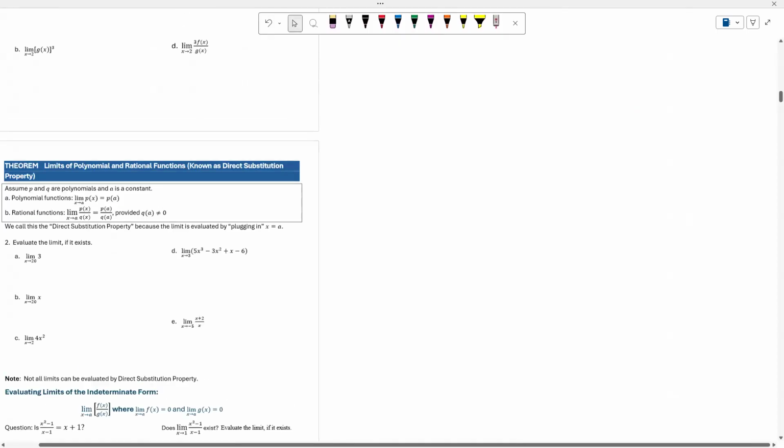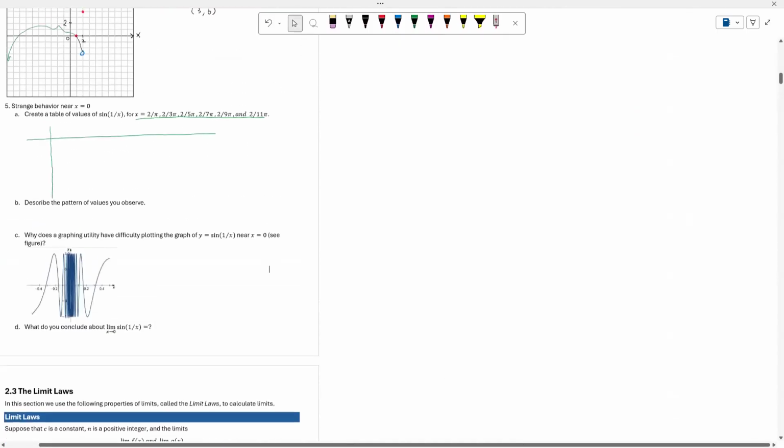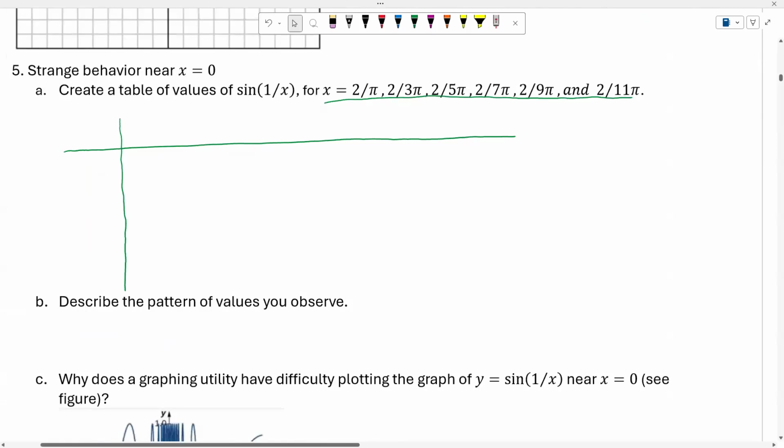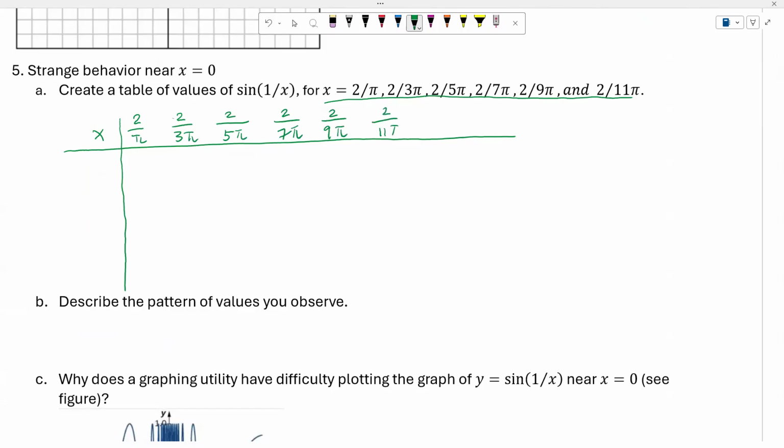So for x equal to 2 over pi, 2 over 3 pi, 2 over 5 pi, 2 over 7 pi, 2 over 9 pi, 2 over 11 pi.